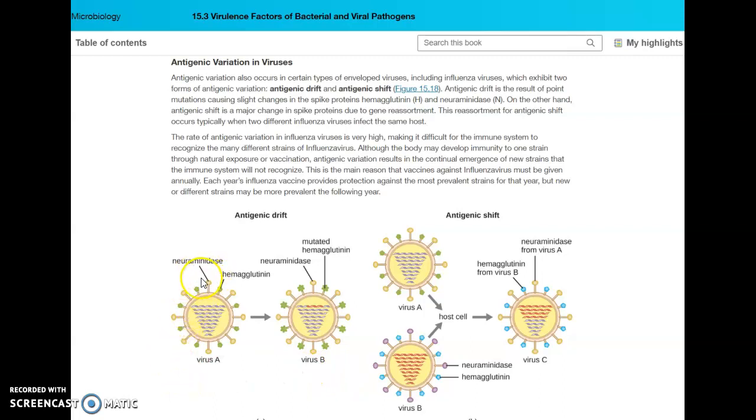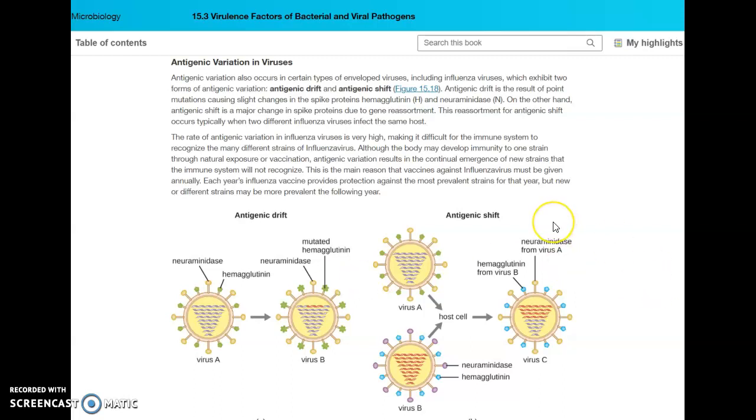Notice the shape of our neuraminidase, the N, and then the hemagglutinin, the H. The neuraminidase is kind of oval, and the hemagglutinin is kind of like a pentagon shape there. And there's a little change in the DNA, and now the hemagglutinin looks kind of like a little flower. Okay, so that would be antigenic drift. It's just a very slight change. It's the same H, it's the same N, but the H just has a slightly different shape.